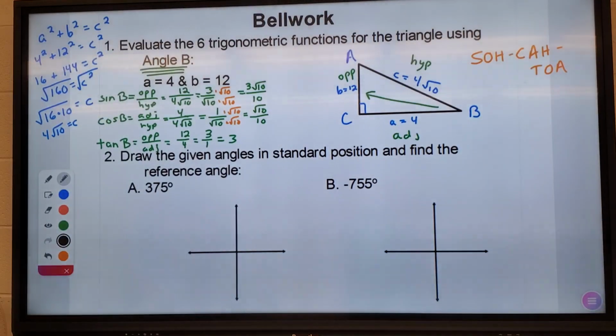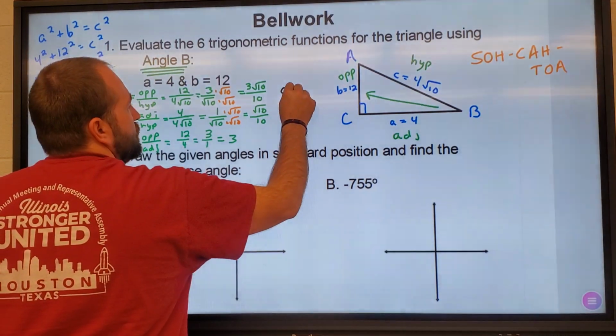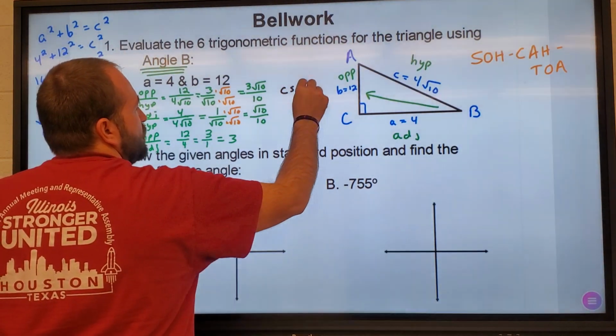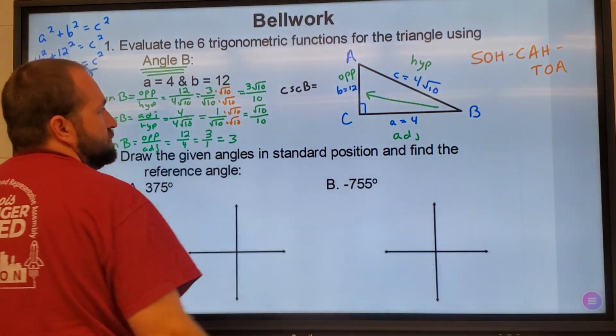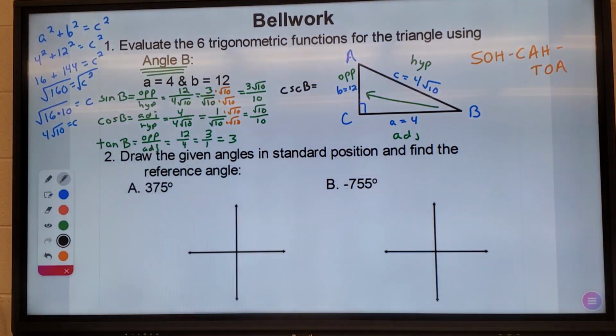We're then going to find the 3 reciprocal functions. So the reciprocal function of sine is cosecant. So CSC of angle B equals. And remember, again, we're going to take whatever one we can backtracking through the work, and we're going to flip it.